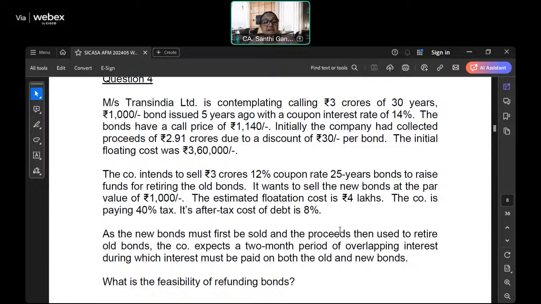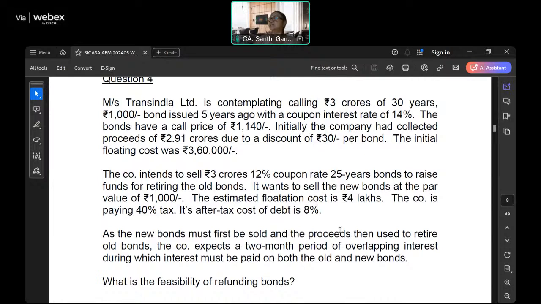When we say it is the overall cost of capital, we use existing funds. Marginal cost of capital is when, for a specific purpose, we raise money. The new bonds are being issued with the specific purpose of redeeming the old bond. So what is applicable here is only the marginal cost of capital.